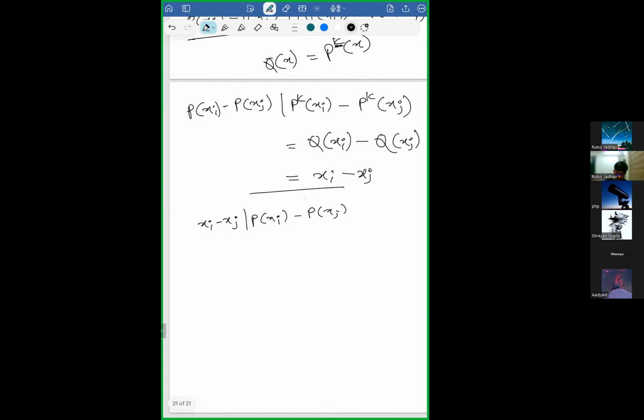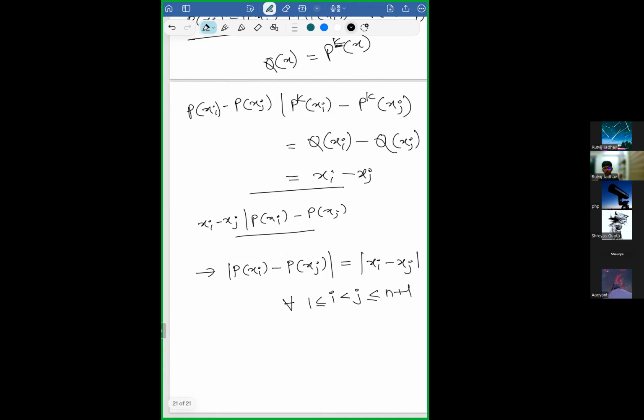So combining these two, we have that mod p of xi minus p of xj equals mod xi minus xj, and this is true for all i, j from 1 to n plus 1. The difference of p of xi and p of xj is the same as the difference of xi and xj, and that too for all i, j.